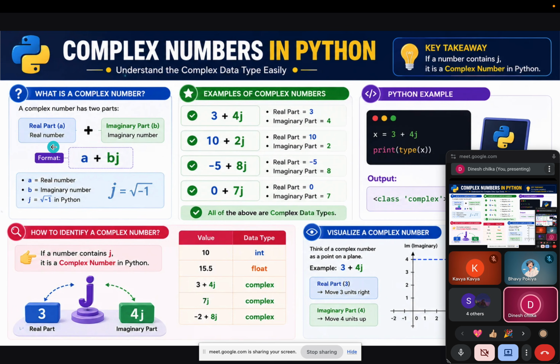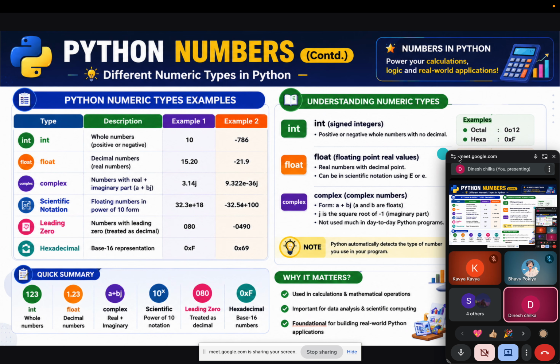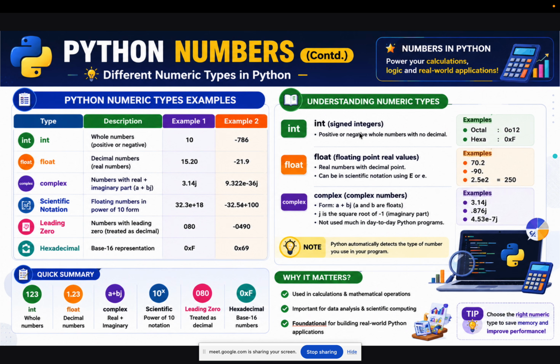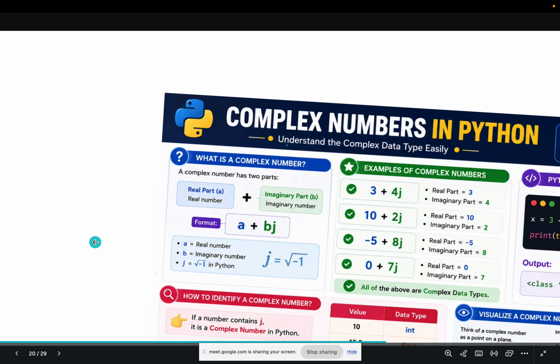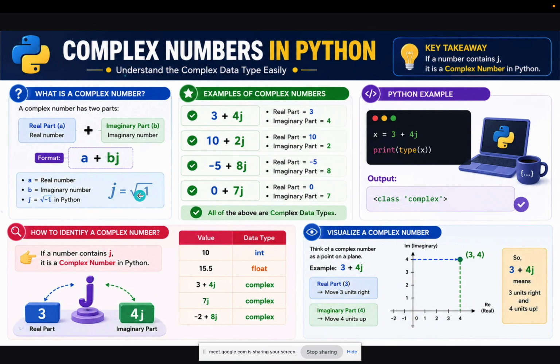So I mentioned that previously also: integer is nothing but the whole number, float number is a decimal value, and complex number is a combination of real number plus imaginary number, and j definitely will be there. What is the meaning of j? Square root of minus 1. So this way we can identify this is a complex number.